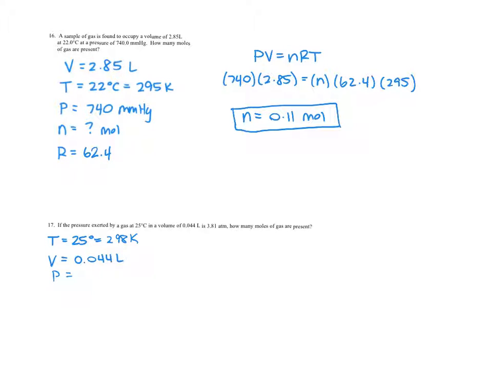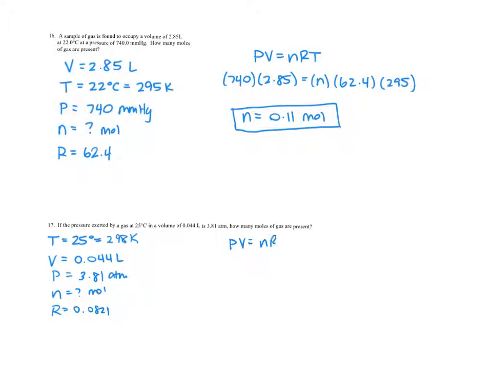So the pressure is 3.81. How many moles of gas are present? Again, you're solving for moles. Don't forget the R. It's not discussed. You have to know it's there. In this case, my pressure is in ATM, so that means my R value is 0.0821. It has to match.